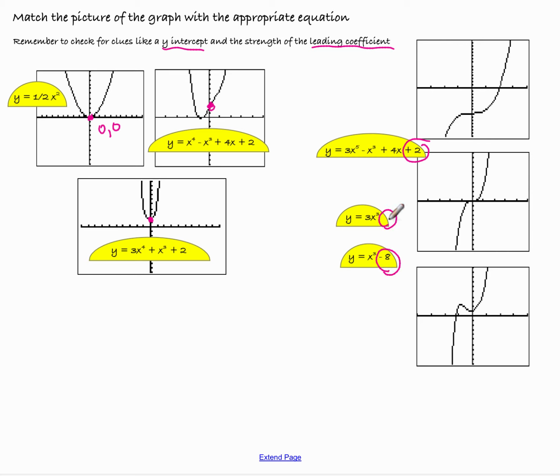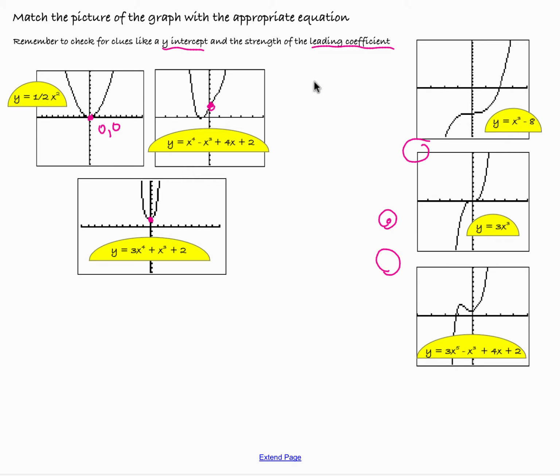This has a y-intercept of 0. This is easy. All 3 y-intercepts are different. All right. Who's got a y-intercept of 2? You, down here. Who's got a y-intercept of 0? You. And who's got a y-intercept of -8? You. Pretty simple.